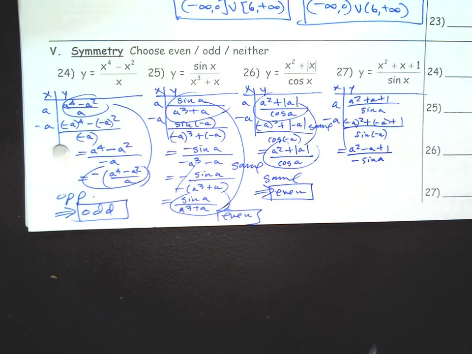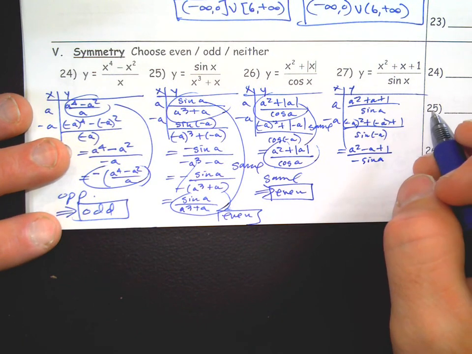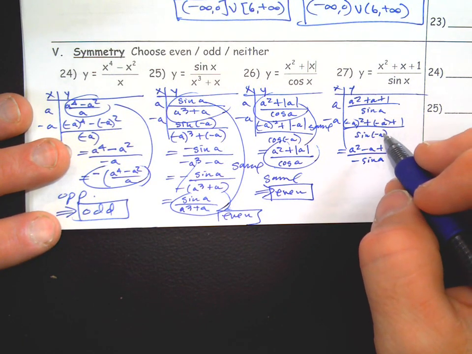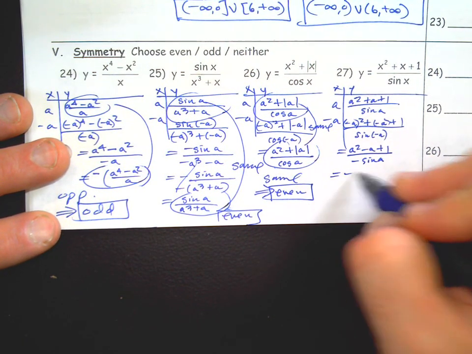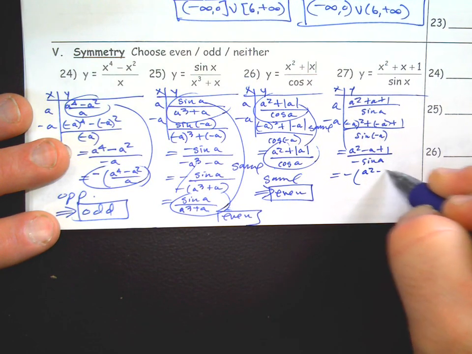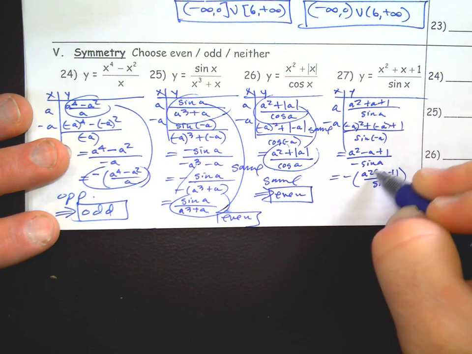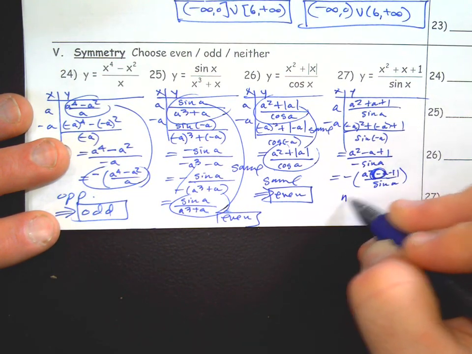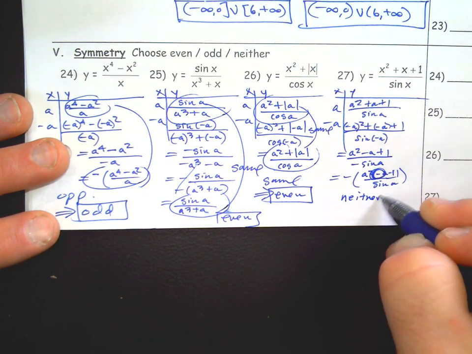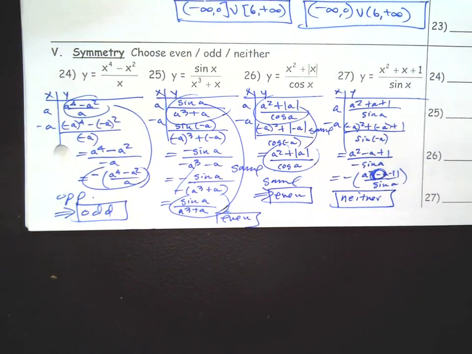Now this looks really close to being the opposite, but it is not. It's negative a squared minus a plus 1 over sine a. It's close, but this right here is the problem. So it is neither. Okay, that's the kind of work I need to see to get credit for those.